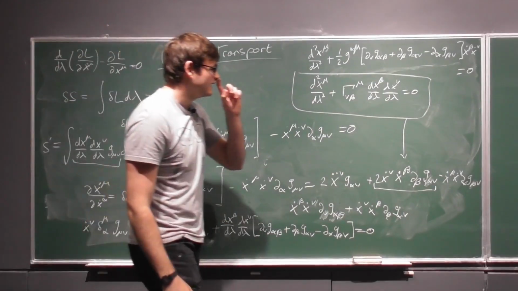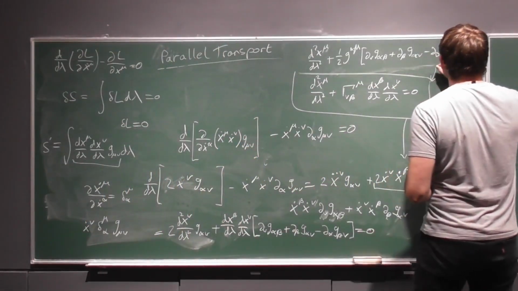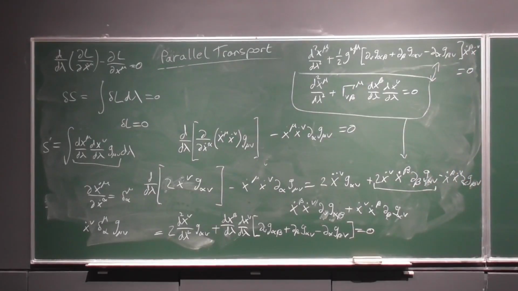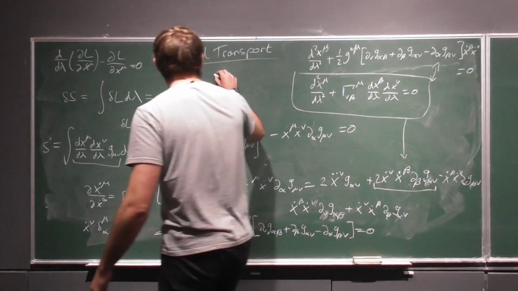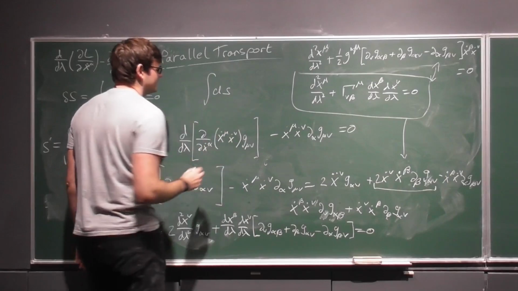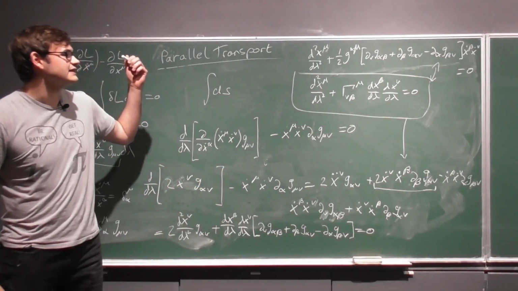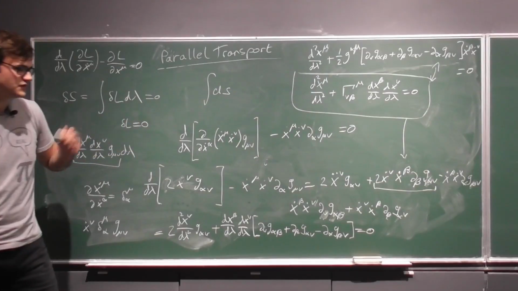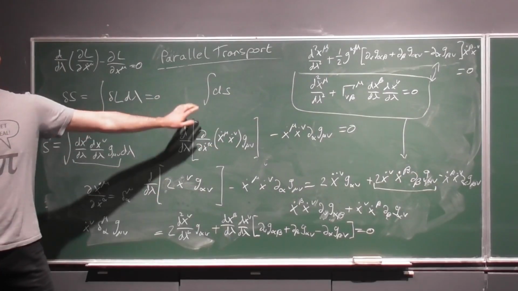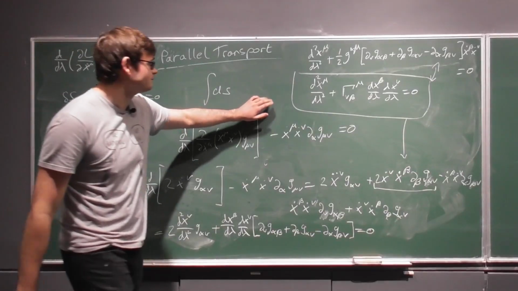Now, this thing that we did actually implied something much, much stronger. We imposed that our particles are ones that extremize the distance along the paths. These paths are known as geodesics.